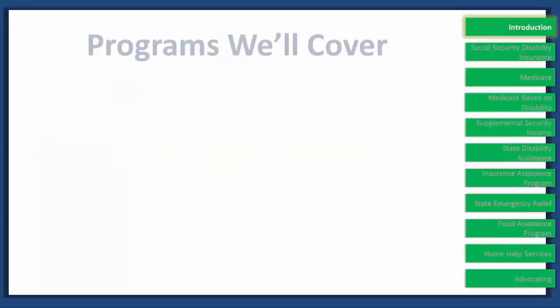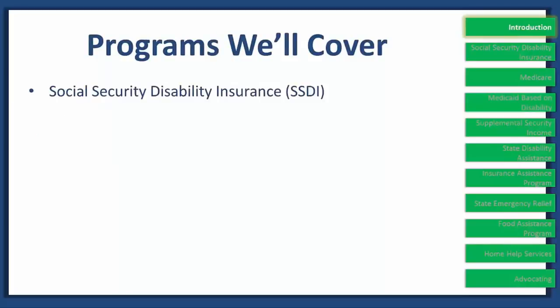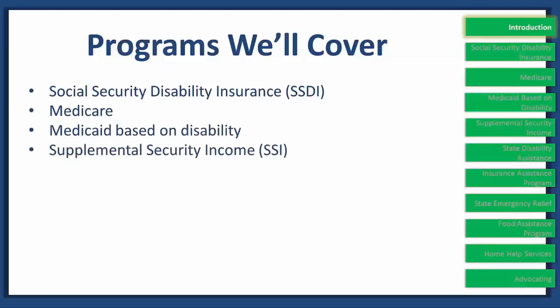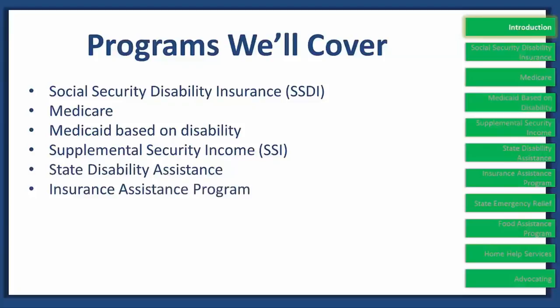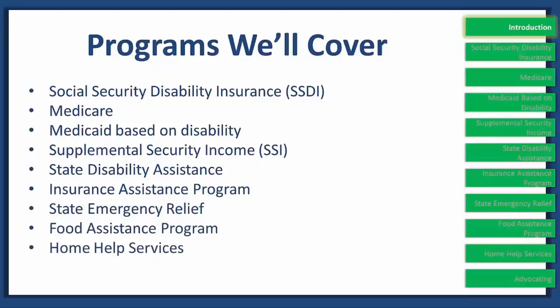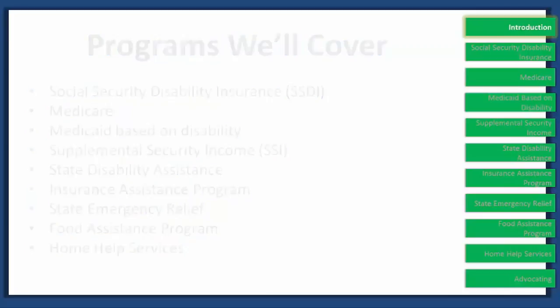We will cover 9 general programs: Social Security Disability Insurance, or SSDI, Medicare, Medicaid based on disability, Supplemental Security Income, or SSI, State Disability Assistance, Insurance Assistance Program, State Emergency Relief, the Food Assistance Program, and the Home Help Services Program. After we have reviewed the programs, we will provide information for any additional advocating you may need to do for your clients. Let's get started.